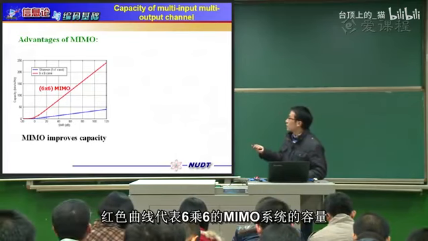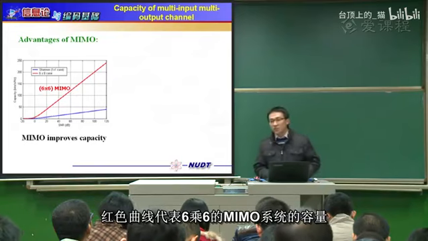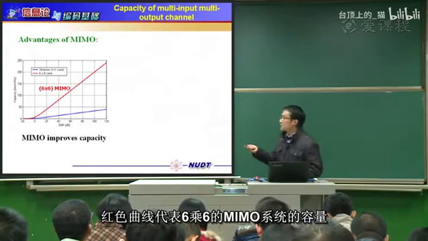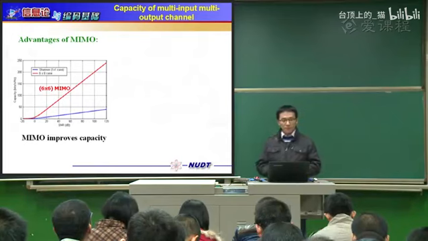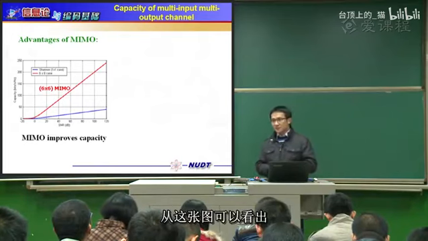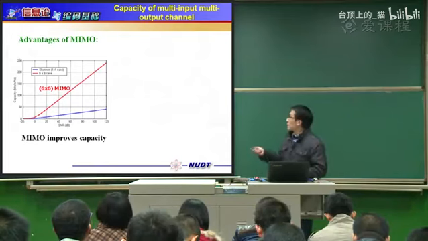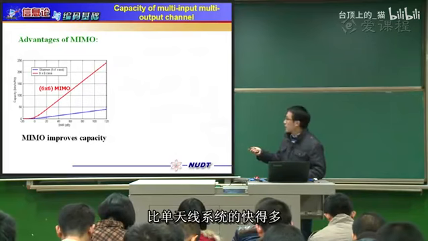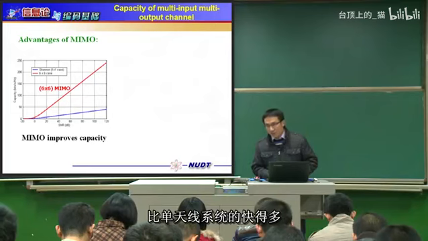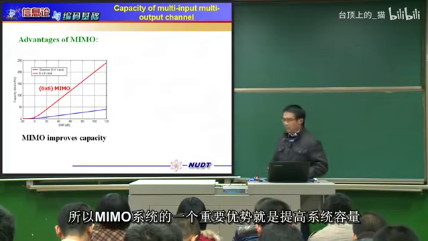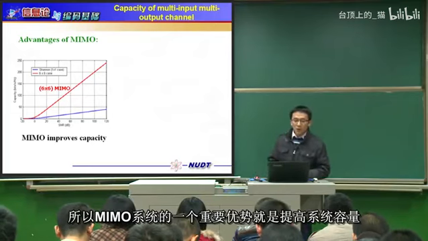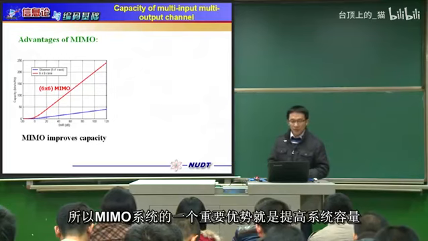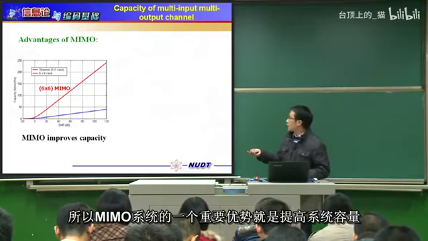And the red curve is the capacity for 6x6 MIMO system. So we can see from this picture the capacity of MIMO system increases faster than that of single antenna system. Okay? So, one important advantage of MIMO is improving capacity.